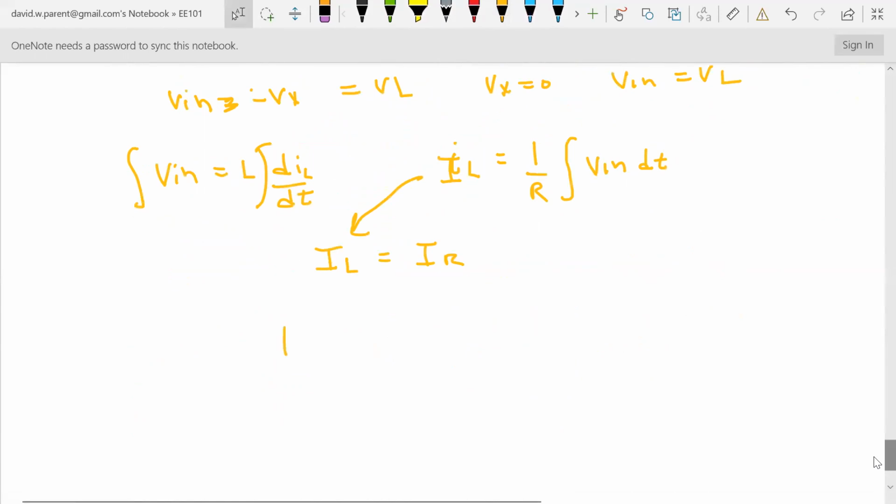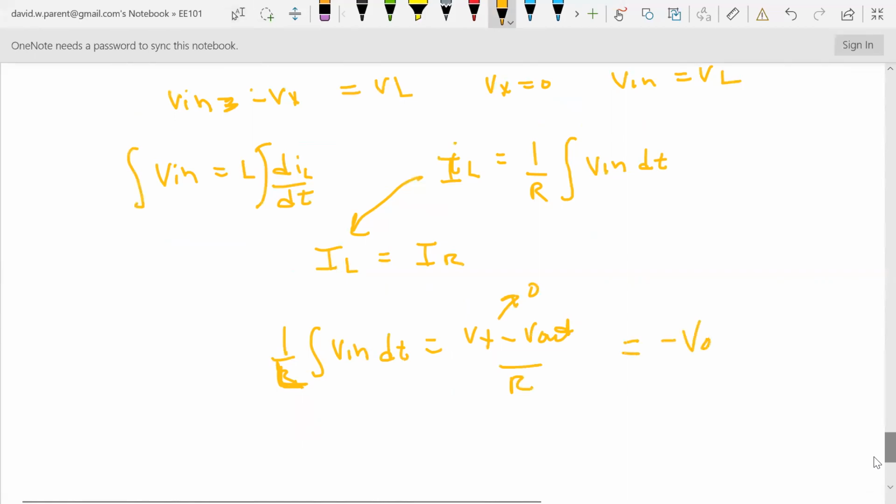So 1 over R integral of Vn dt. If we recall, that was Vx minus V out. Oh, I'm getting ahead of myself. That's a L, right? The Vx was 0.